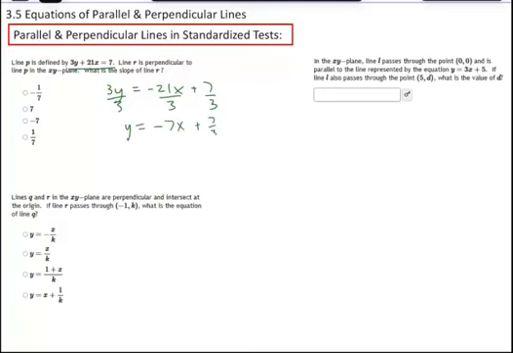And when you do that, you get your slope. The slope is -7, which means the slope of the perpendicular line is going to be the negative reciprocal, so opposite sign, flip the fraction, and so your answer winds up being 1/7.